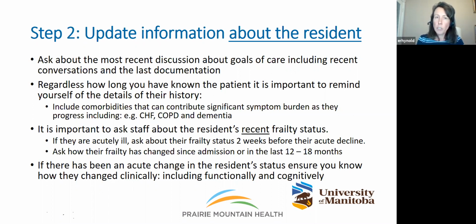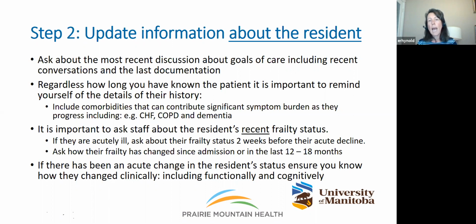Again, it's important to ask staff about their recent frailty status. If they're acutely ill, if they're COVID-19 positive right now and symptomatic, it's important to ask about 2 weeks before the acute decline. Same with any acute decline. And then just for more context, it's not about one static number.